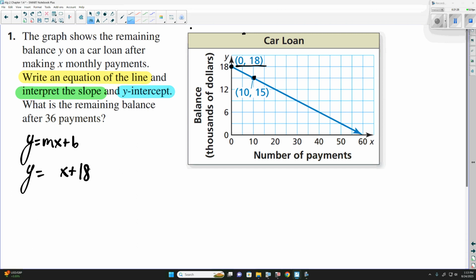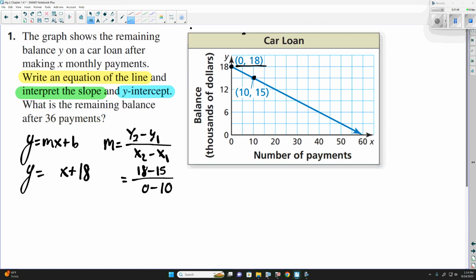But we still need to find the slope. Now we could do it the other way. I will write this on the whiteboard, because instead of 18 first, we could have said 15 minus 18 over 10 minus 0.